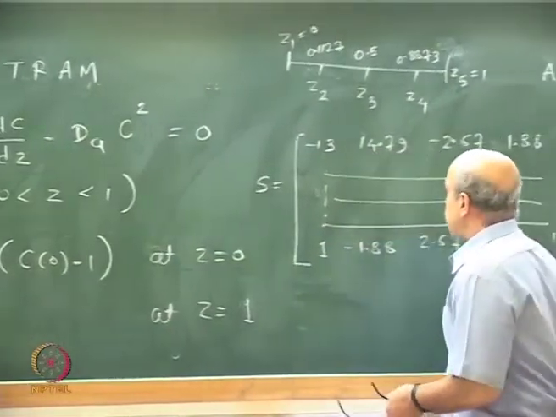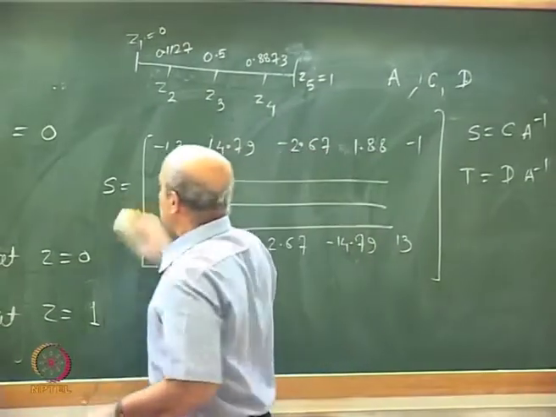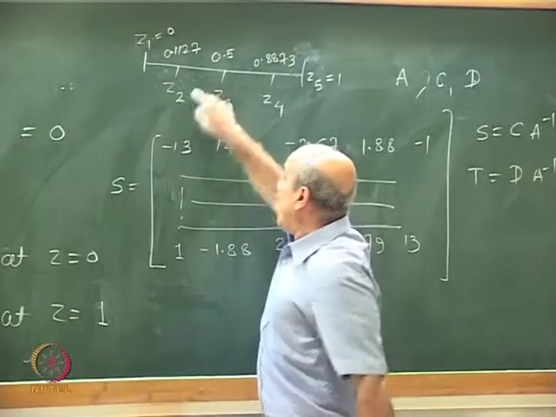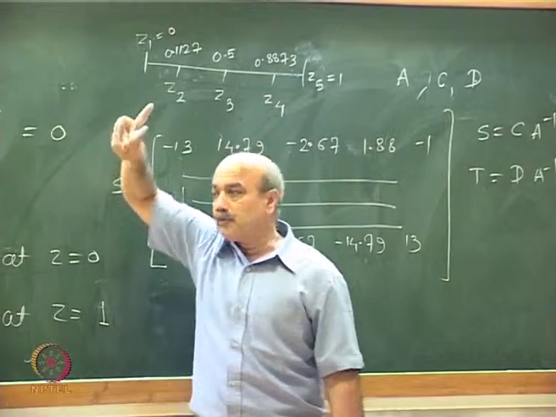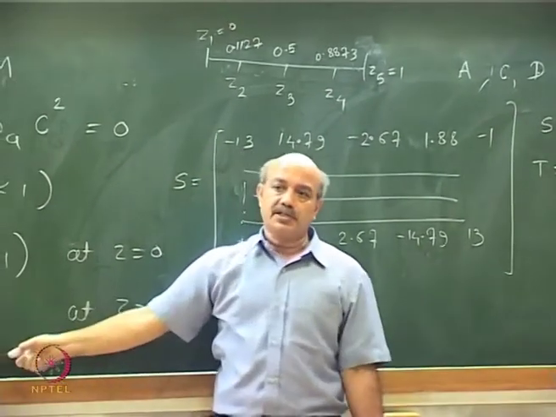So what is my first equation? I have 3 equations at the 3 internal collocation points coming from this differential equation. I have 2 equations coming from boundary conditions.